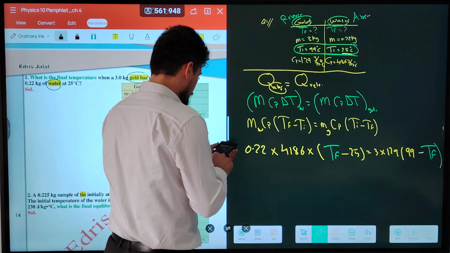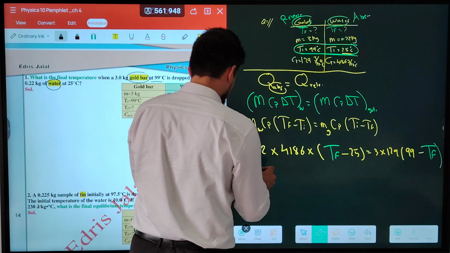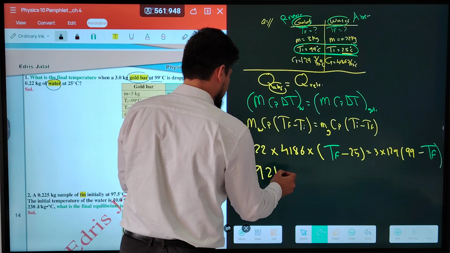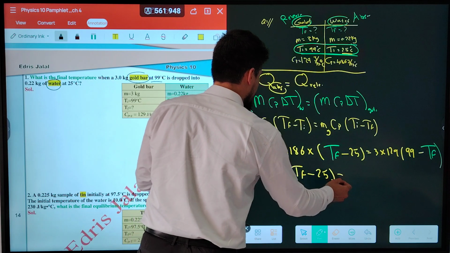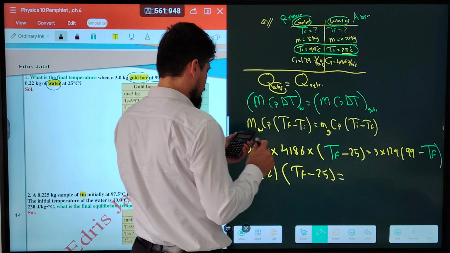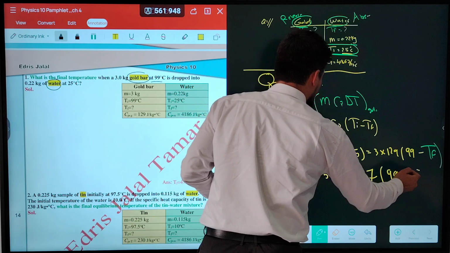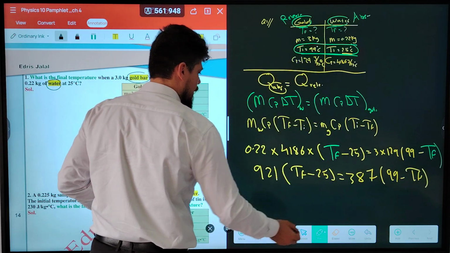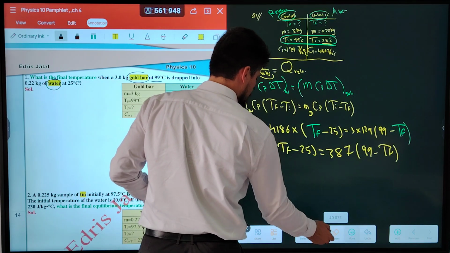Use your calculator. 0.22 times 4186, I got approximately 921. T final minus 25 is equal to 3 times 129, I think 387, times 99 minus T final. Okay. Look.